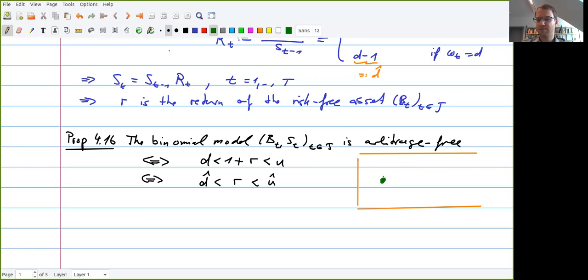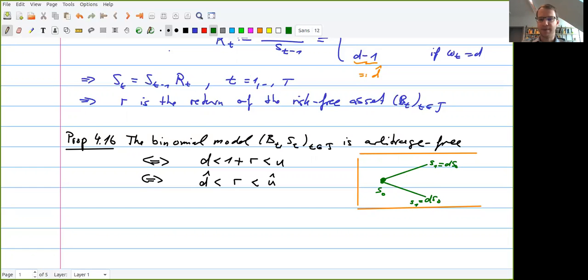If we invest in the risky asset, we start here at S0 and this is the movement. This is S1, so this is D and U, the price at time 1, right?